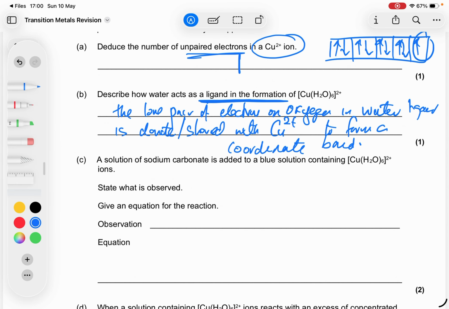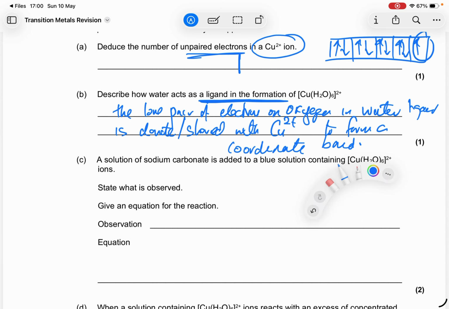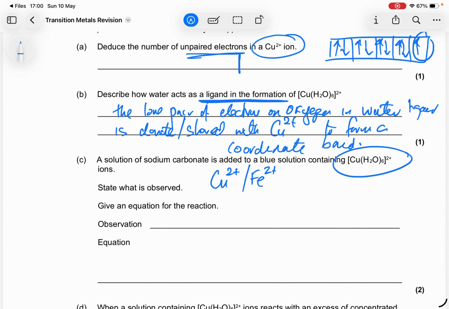State what is observed. You should have a sheet from AQA. It's something that AQA released where you've got to learn your reactions. Here the key things I want you to understand are the copper 2+ and Fe2+ complex ions. When they both react with sodium carbonate, you get a precipitate and no gas.